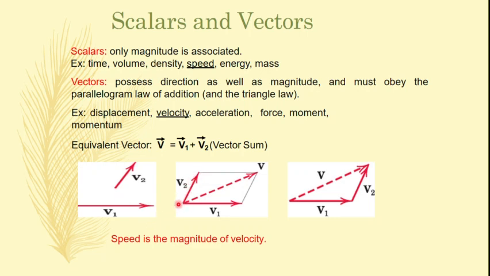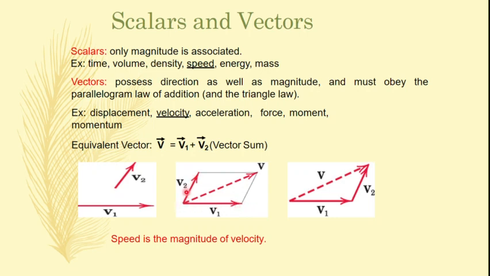If we represent a parallelogram where the two adjoining sides represent the two vectors v1 and v2, then this one is the resultant vector. If we join the two corners, then we get the resultant vector of these two vectors v1 and v2. The length of this vector gives the magnitude, and this arrowhead describes the direction.